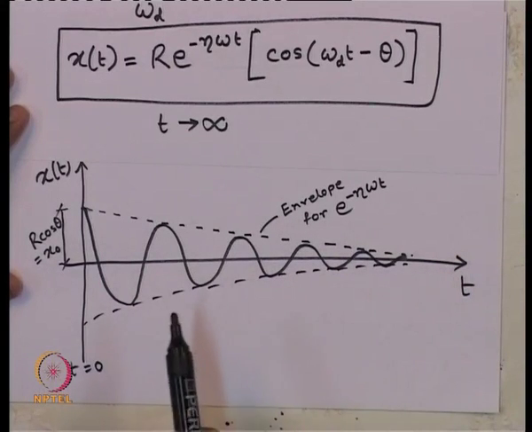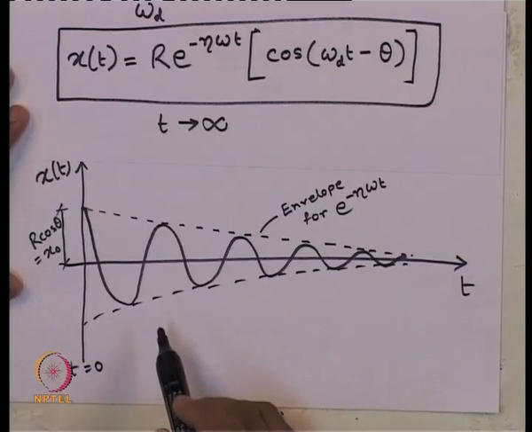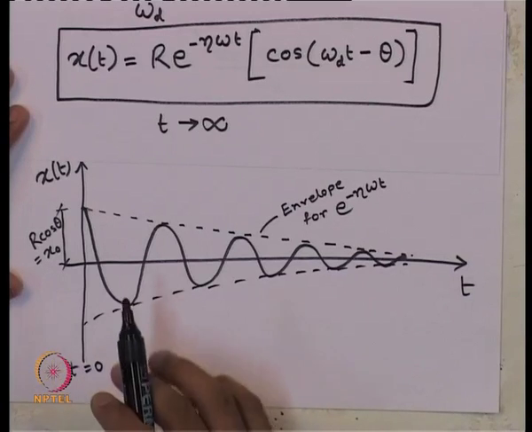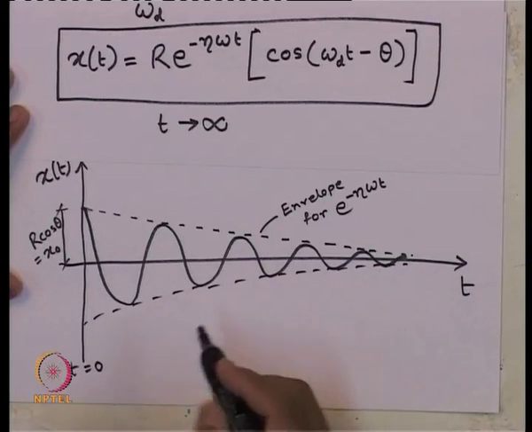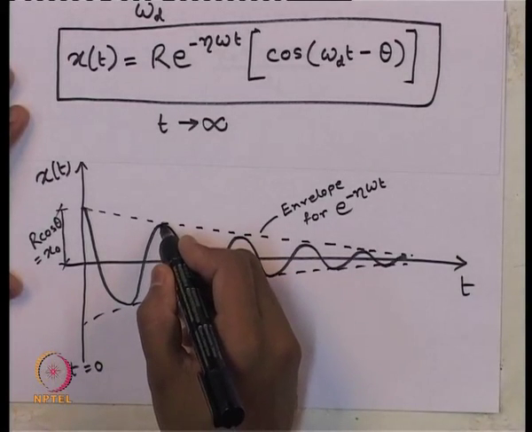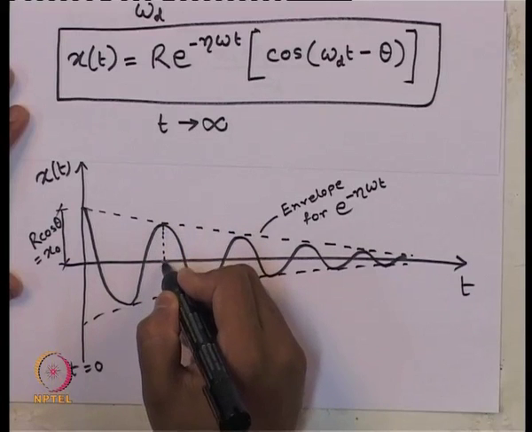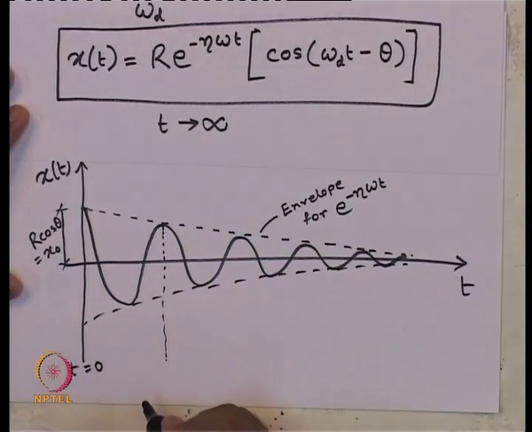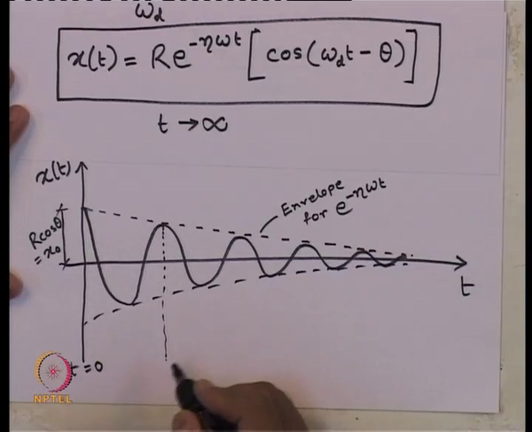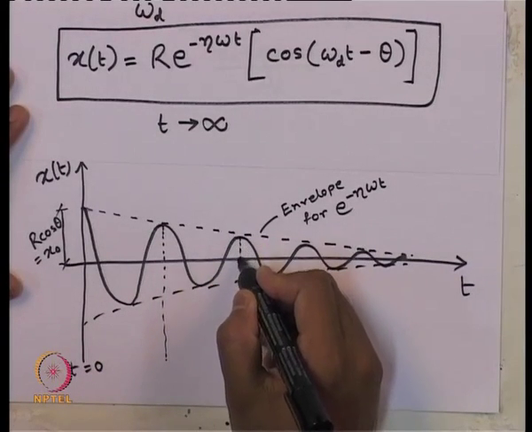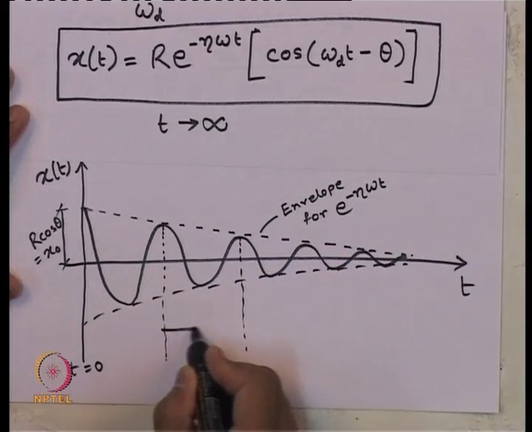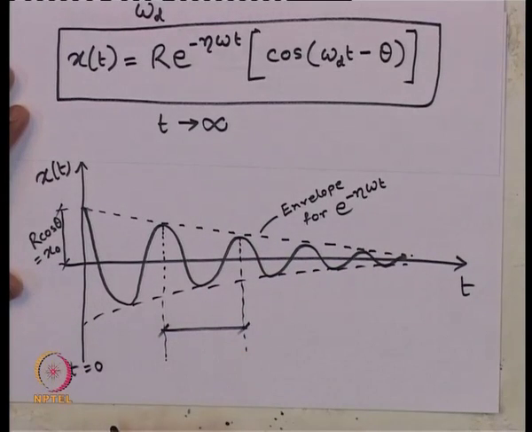Okay. So that will be the variation for underdamped free vibration, and from this point to this point, what is this called?